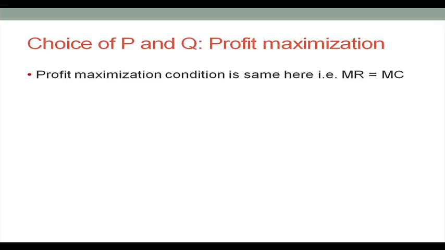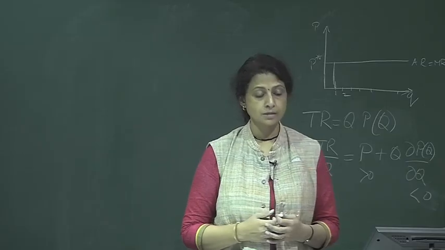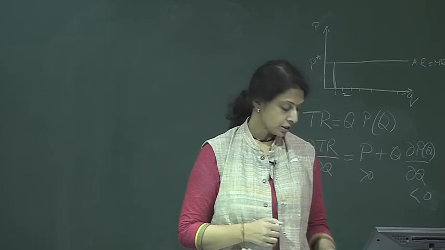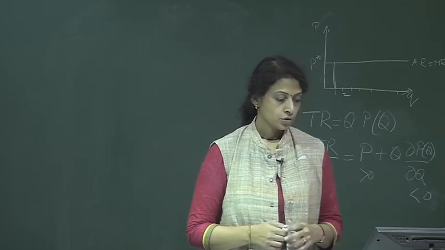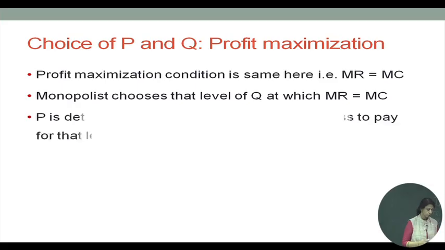The profit maximization condition is the same here as we had in perfect competition, and that is marginal revenue equals marginal cost. So, the monopolist chooses that level of output at which marginal revenue equals marginal cost.